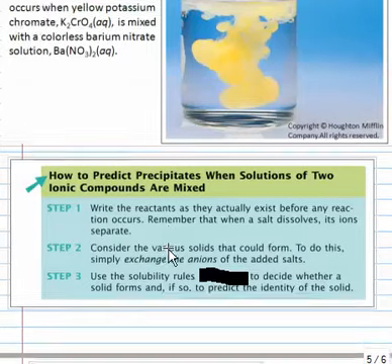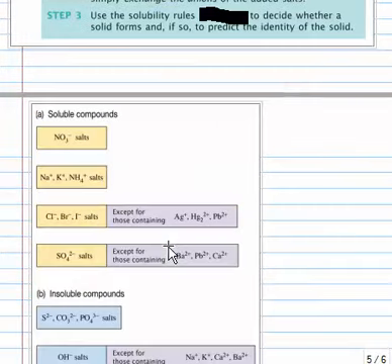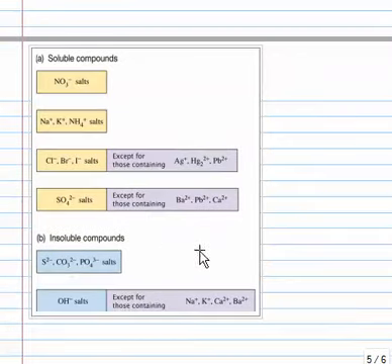So let's take our example of potassium. Let's first talk about these solubility rules. So there are a number of factors that affect solubility that we won't go into right now, but really, if we remember two very simple rules, we can predict whether or not a precipitate will occur in 80 to 90% of all cases.